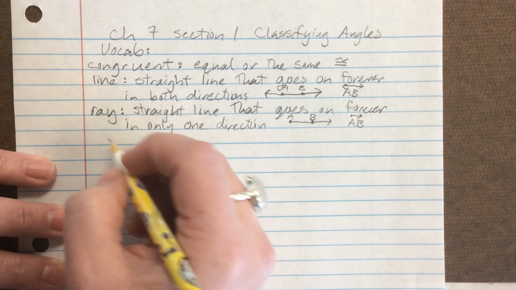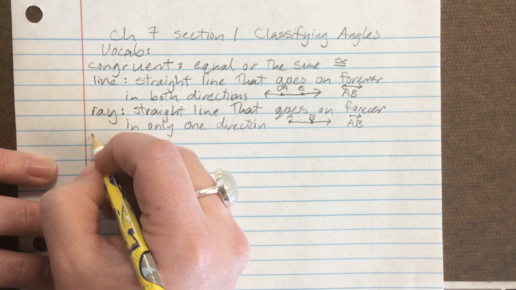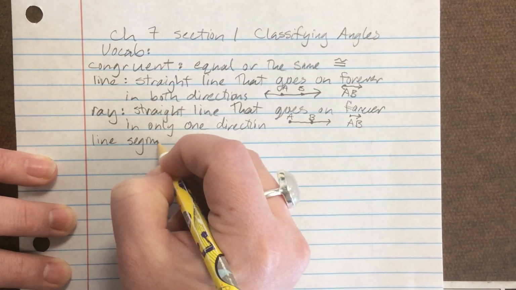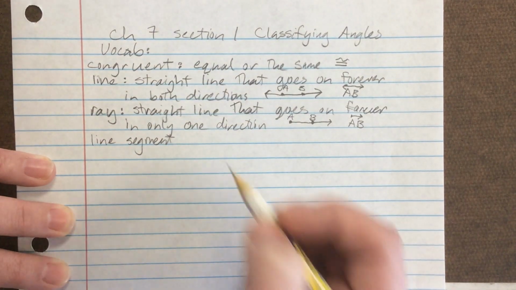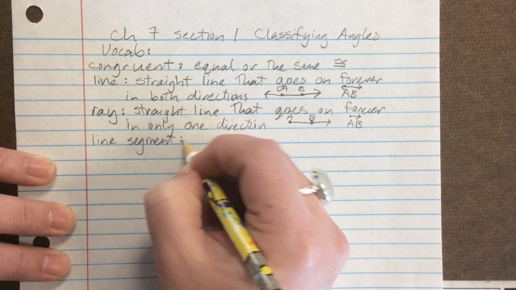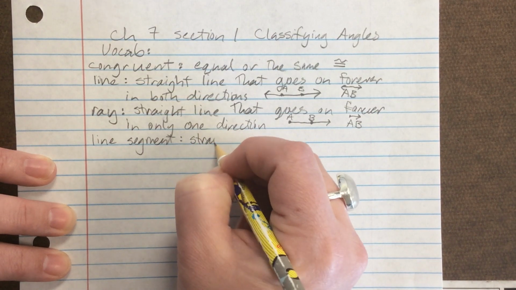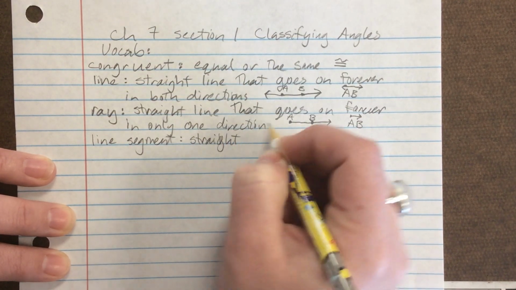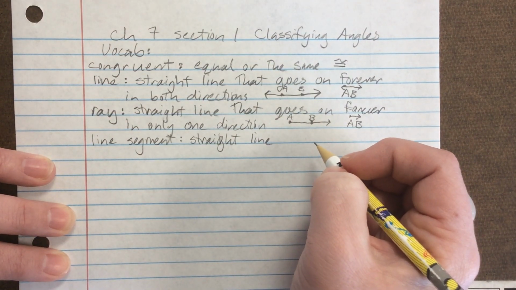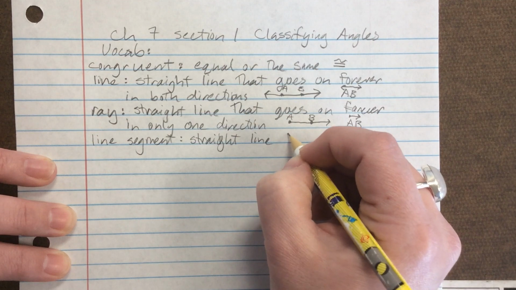All right, and then next on this, we have a line segment. And we'll be using these a lot in geometry. A line segment is a straight line that ends.